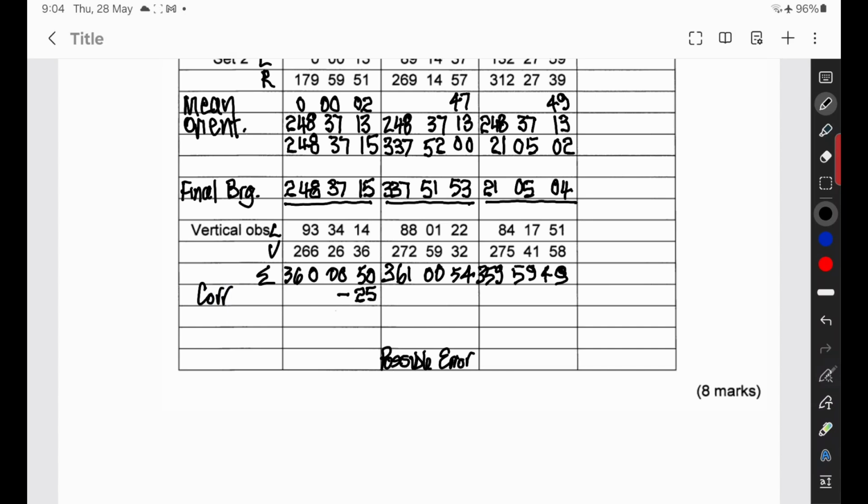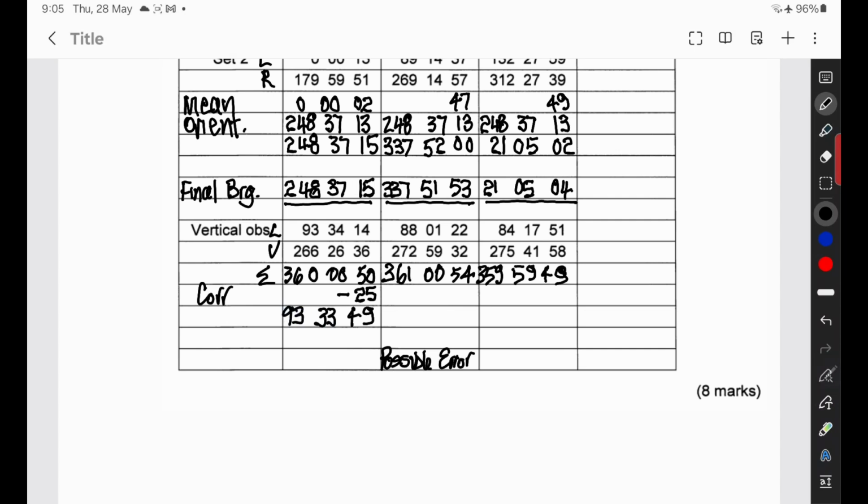So 5 from 14 is 9. 3 from it's 49. And then the 1 would be 33. And then that would be 93.